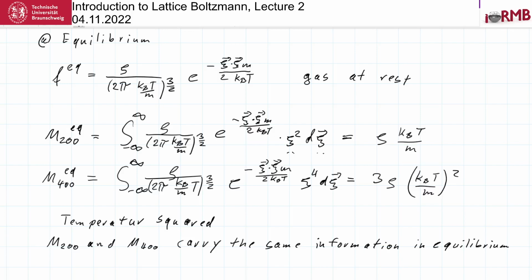However, there is always a mishmash of this information. This first order moment already includes some temperature squared, and if it's not in equilibrium, it may also include something else. But if you want to know this something else, you first have to get rid of this temperature part. And this is inconvenient and causes all sorts of mathematical problems if it's not dealt with correctly.